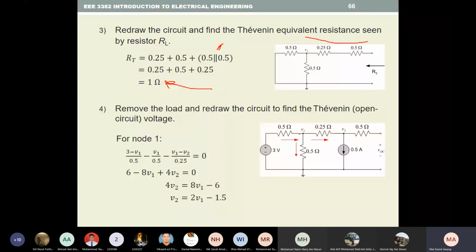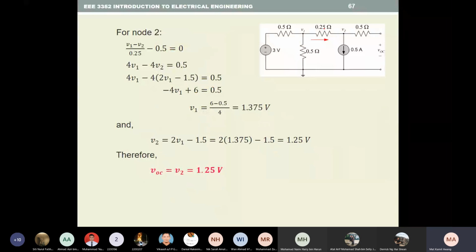So for node 1, you get (3 minus V1) over 0.5, minus V1 over 0.5, and minus (V1 minus V2) over 0.25. So you get this equation. And for the second node, you get (V1 minus V2) over 0.25 minus V2 over 0.5 equal to 0. Then you get this equation.